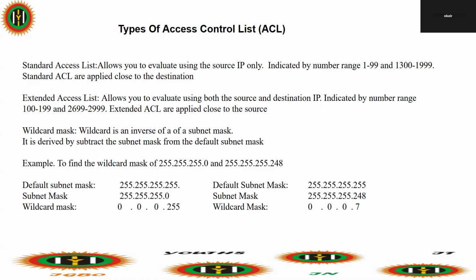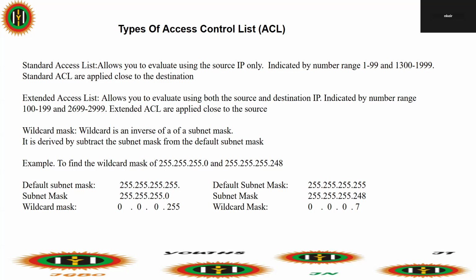So you cannot specify the destination IP address or the protocol or any other detail. The only thing it allows you to do is specify a source IP address. It means traffic that is sourced from this IP address, wherever it is going, I want to allow or block the traffic.